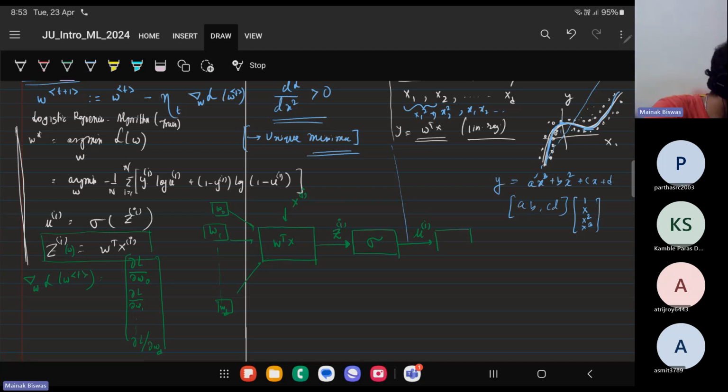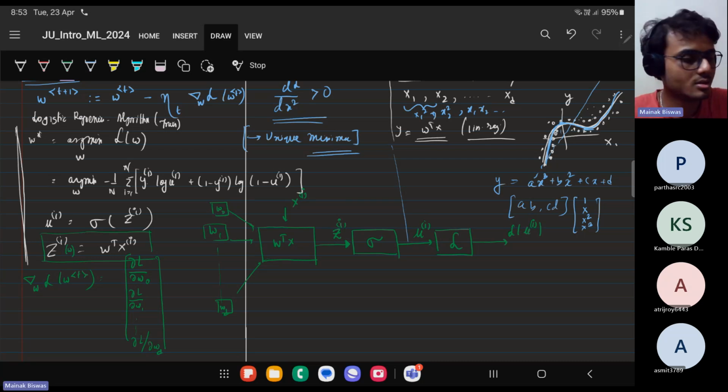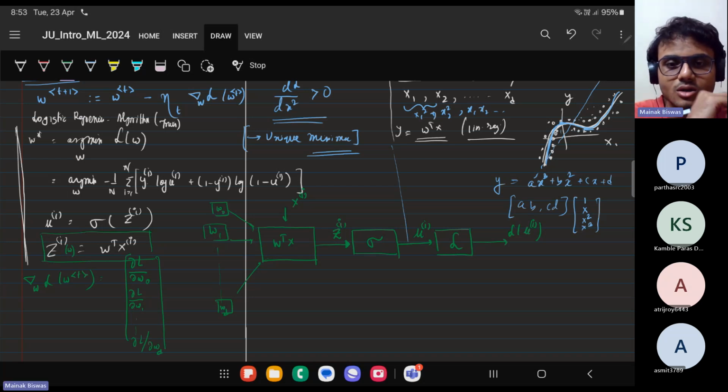These nodes are nothing but functions. And then I pass it through the loss function and I get L of mu i. Is this clear or not clear? I take the w's, do the dot product with x, I get w transpose x, pass it through sigma, I get mu i's, and I use the mu i's in the loss function.